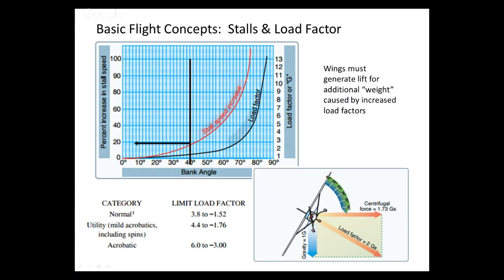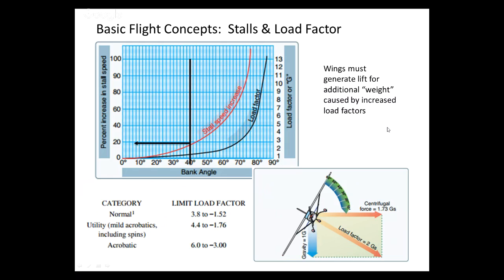If you remember, when you're in a turn, you've got your weight, which acts directly down towards Earth. You've got your centrifugal force, which is that force that kind of pushes you to the outside when you're making a turn. And you've got your load factor, which is this other force component of weight.